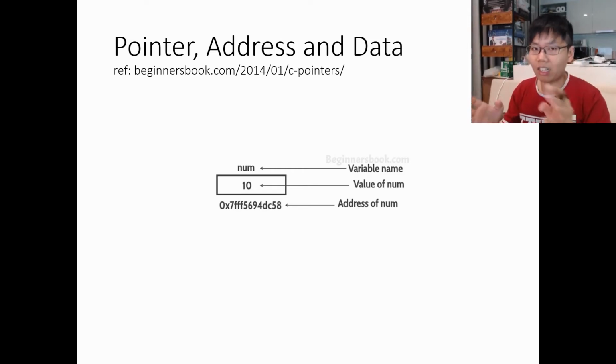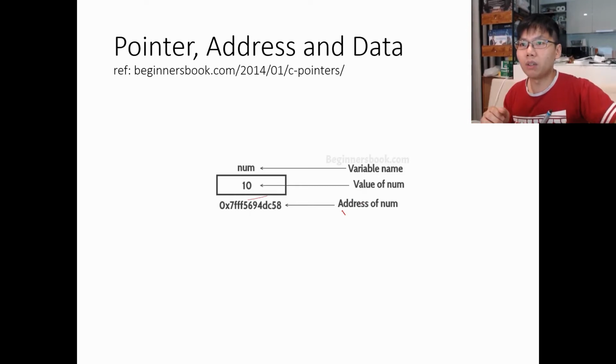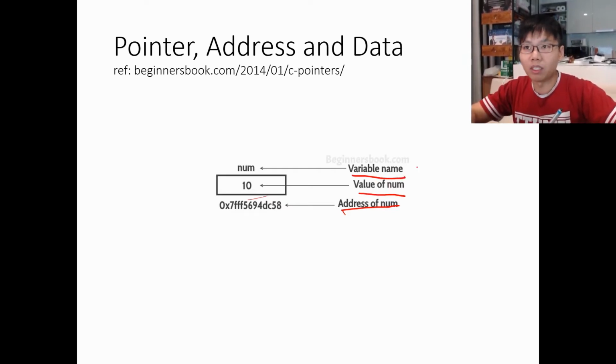Otherwise, it cannot be accessed in RAM. Okay, first of all, it needs to have an address. Why? Because we have to know where it is in your RAM. Second is the value of that specific variable, and the last one is the name, which is kind of a nickname for this address number.